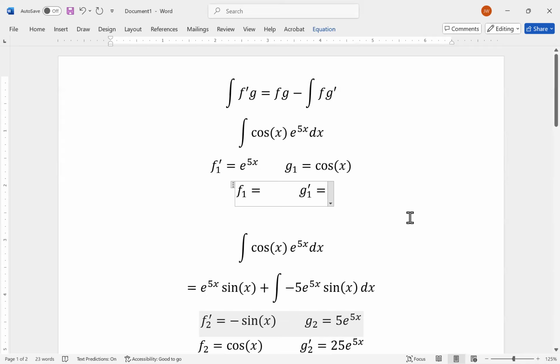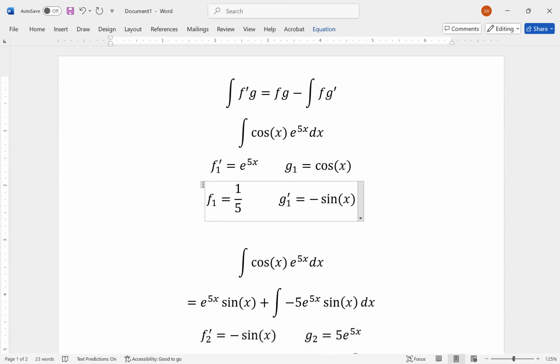So if I take a derivative of cosine, I get negative sine. I'll go through this pretty quickly. If I take an antiderivative of e to the 5x, I get 1 over 5 times e to the 5x.